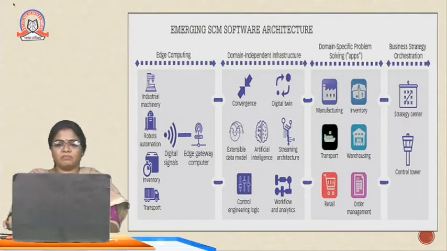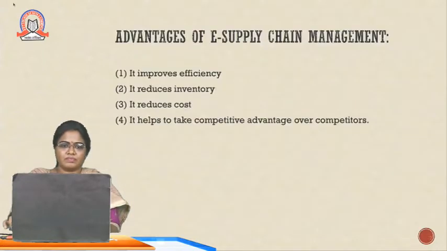Domain specific problem solving applications are manufacturing, inventory, transport, warehousing, retail, order management. Business strategy or orchestration, or strategy center, control tower. So this is the structure of SCM software.